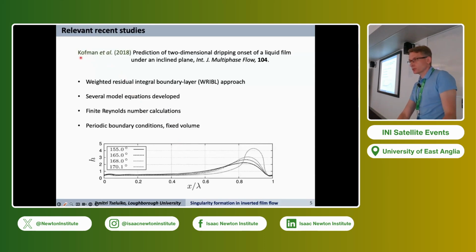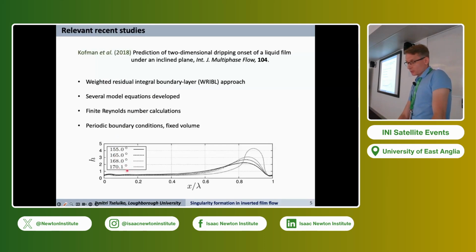in 2018, who computed traveling wave solutions for the fixed volume case using several weighted residual integral boundary layer models, which allow for the effects of inertia at finite Reynolds number. And some results are shown in this picture.